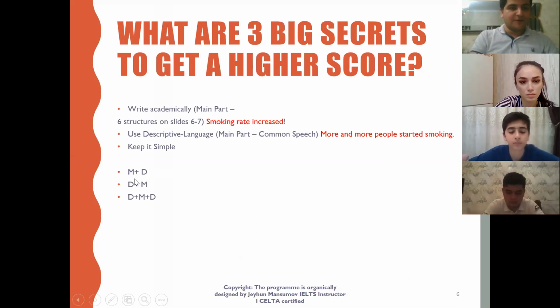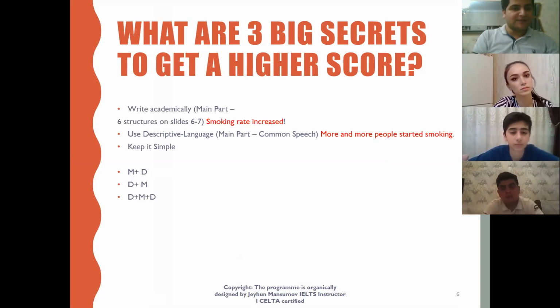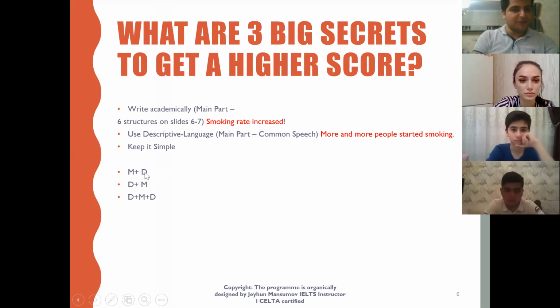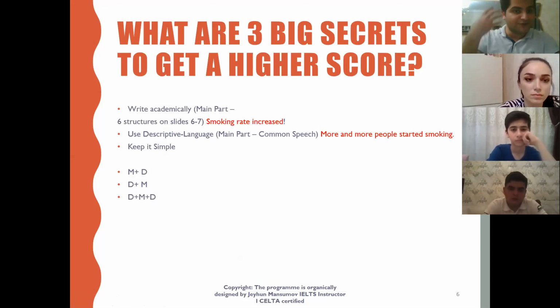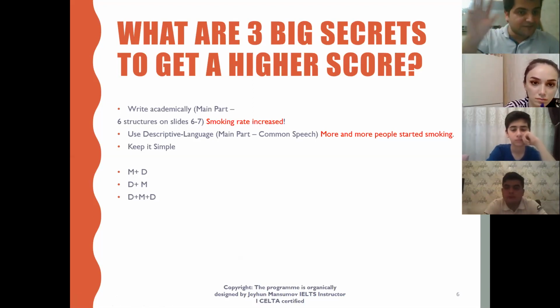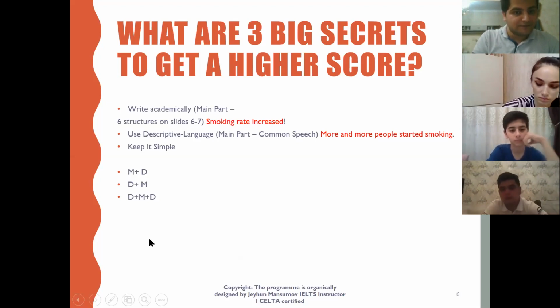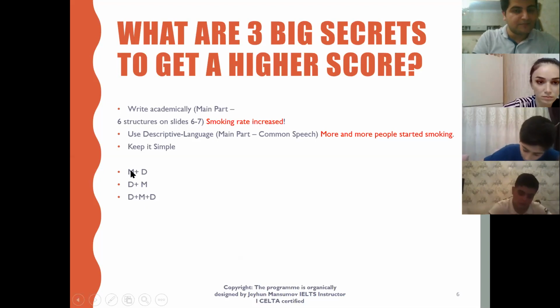So actually, in IELTS writing or in an academic writing process, sentences are not designed as M plus D, D plus M, D plus M plus D. We ourselves made these structures to make life easy for candidates to remember the sentence structures. So M means main and D means detail.